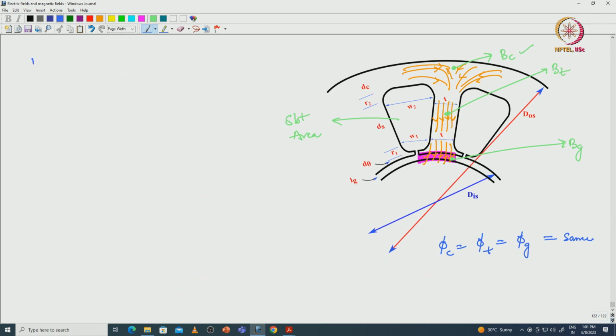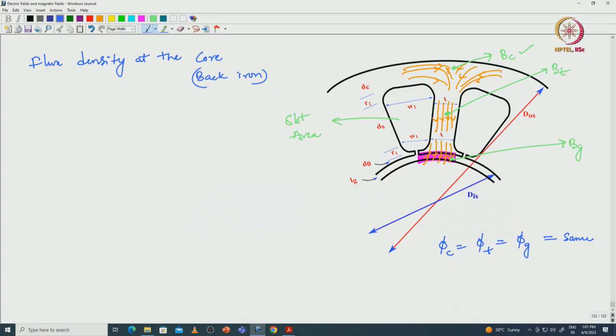Next, what is the flux density at the core or back iron? Look here at the lamination of the stator core, this is the back iron, this one above the slots, this portion from here to here is the back iron, okay.